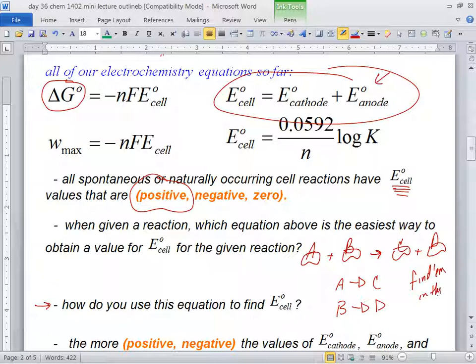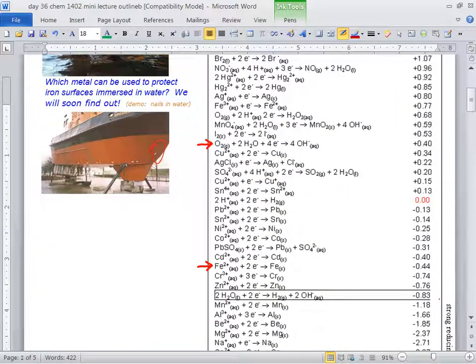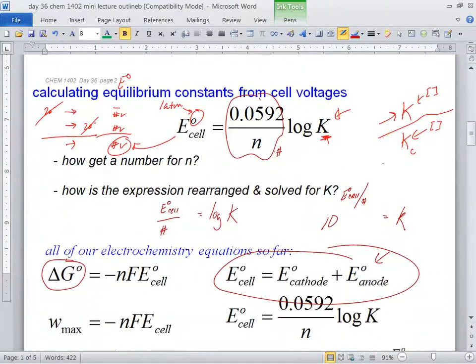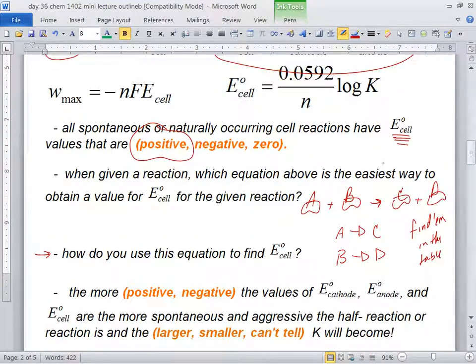Find them in this table. They're in there somewhere. And then you get the E0 for each one of these. Add them up and you'll have your E0 cell. So that's going to be our game plan to get E0 cell.